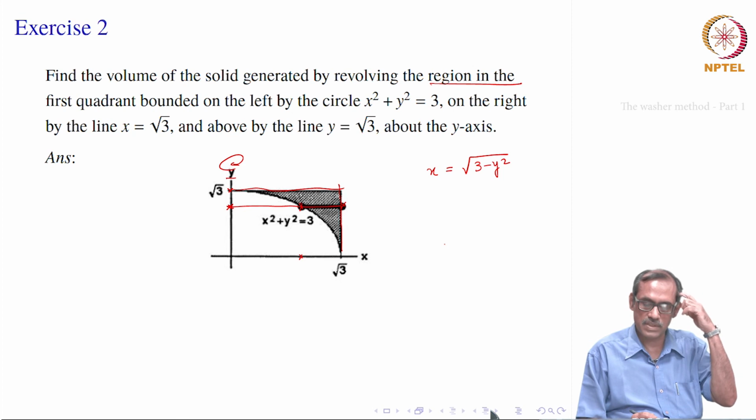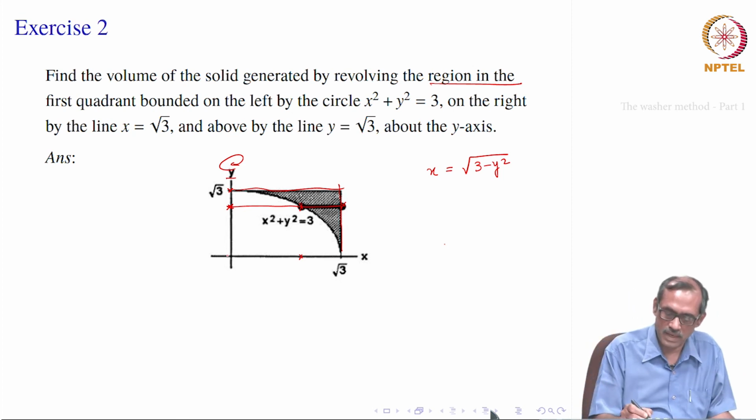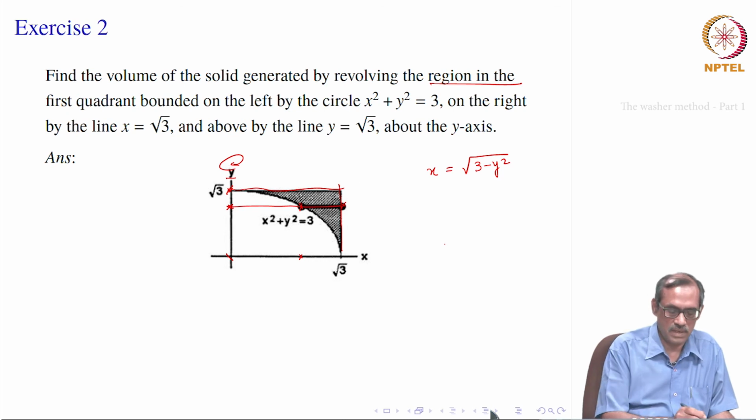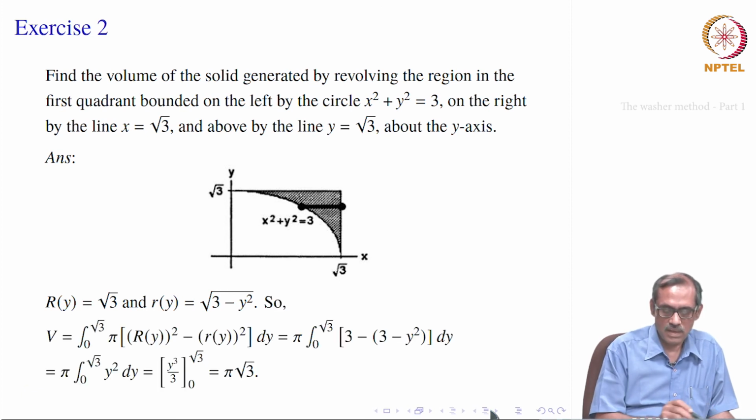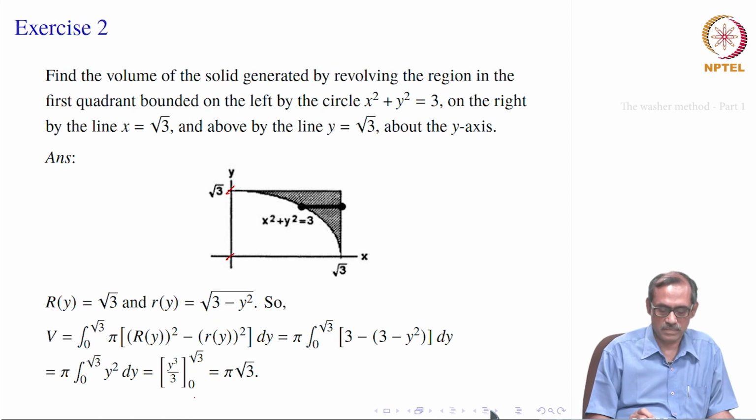And what are the limits? The limits for y are clearly 0 and then root 3, that describes the region. So, we have R(y) equal to root 3, r(y) equal to square root of 3 minus y², and volume equal to the integral from 0 to root 3 in the y axis of pi times R(y)² minus r(y)² dy.